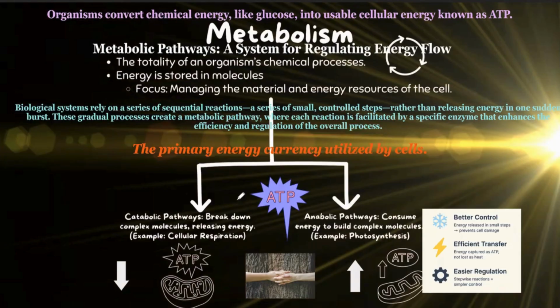And an example of this is in catabolic processes, we're breaking down complex molecules. An example of this is in the mitochondria. The mitochondria basically goes through what's cellular respiration. Remember, we as human beings consume our food, and that food has energy that needs to be broken down. And that's where ATP comes in. That is going into the mitochondria to then break down. Another opposite process is photosynthesis.